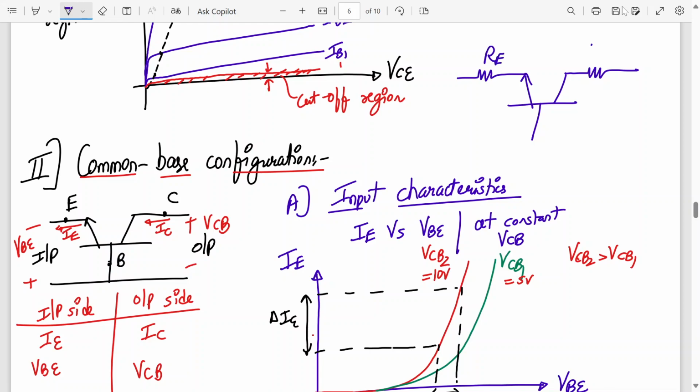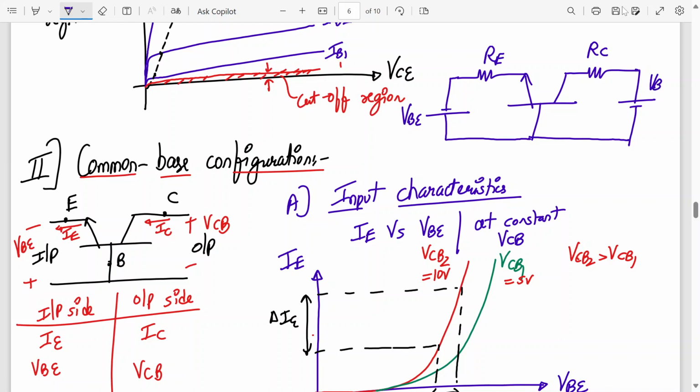This will be RE, RC, and here I have to forward bias it. So this is NP, and this will be VBE. And here, this is P, so I have to apply reverse bias at the base collector junction.